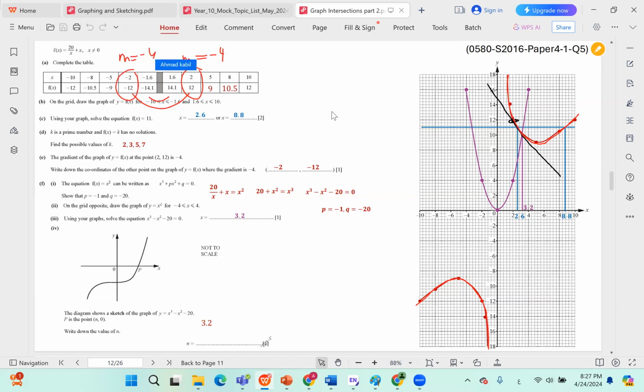Let's try to draw a tangent to check whether this is true or not. So for (-2, -12), the tangent would look something like this. And you can see clearly here that the two black lines are parallel to each other. The two tangents that we drew are parallel to each other. Therefore, they have the same slope. So by symmetry, the other point is just going to be (-2, -12).